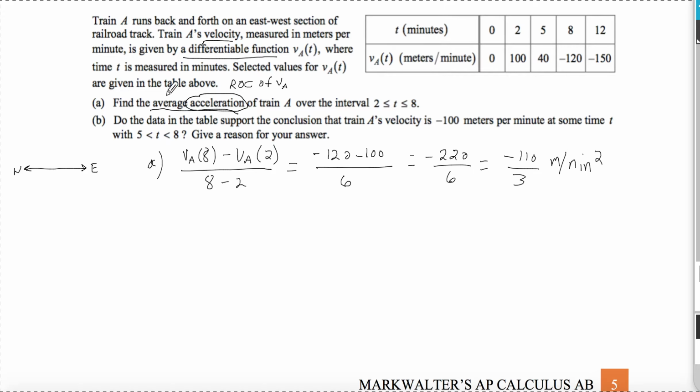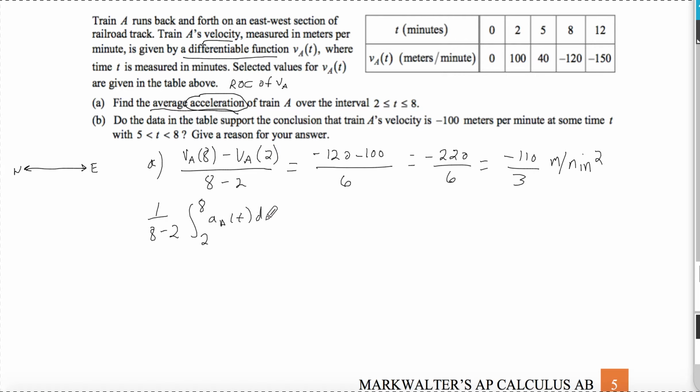Now you may go, well, average acceleration, don't I use my 1 over b minus a integral formula? Remember, the integral formula is if we're trying to find the average of the function we're looking at, if we already have that function. So average acceleration, I could have also found 1 over b minus a of the integral from 2 to 8 of a sub a of t.